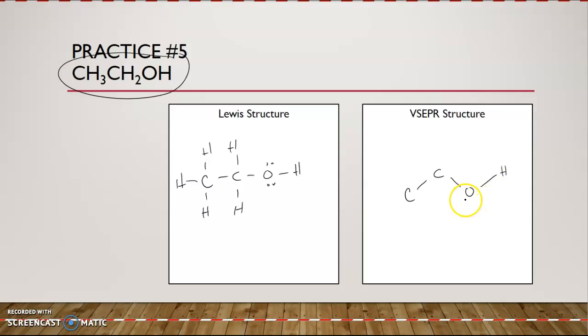I'm not going to expect you to draw things quite to this level here. This is a little bit complicated. I have my hydrogen sticking off here. And then my hydrogen's out here. Again, a little bit more complicated than I need you to know how to draw in terms of its VSEPR structure.